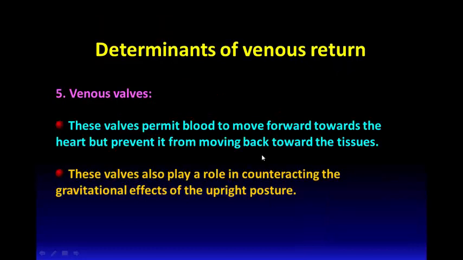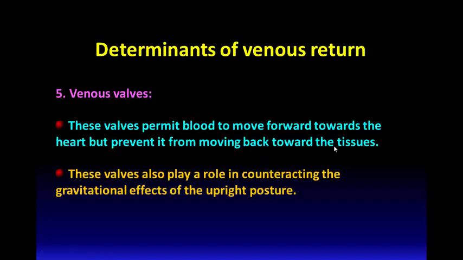The next factor which affects the venous return is the competency of the venous valves. The valves which we have in the veins permit blood to move forward towards the heart, but prevent blood from moving back towards the tissues.